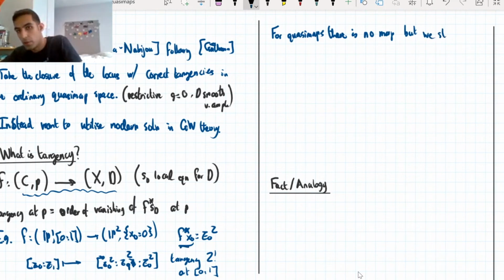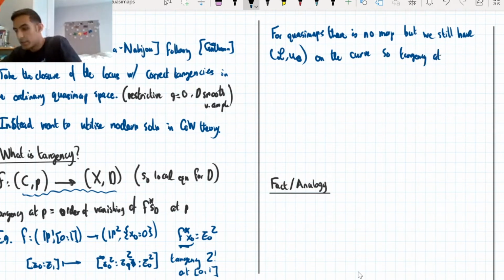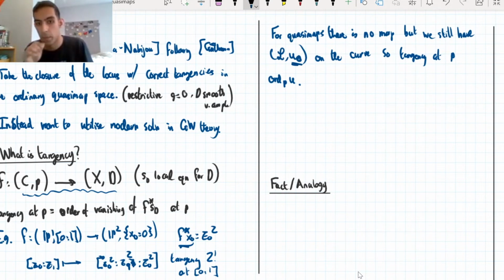We still have this line bundle and section pair on the curve, I guess this is U0 on the curve, and tangency at P is just the order of vanishing of this section at the point P. And as Robert said, you can't ask this at a base point, because a base point is where this section and indeed all the others vanish. So it doesn't make sense to ask what the order of vanishing is at that point. Yeah, thanks for the question.